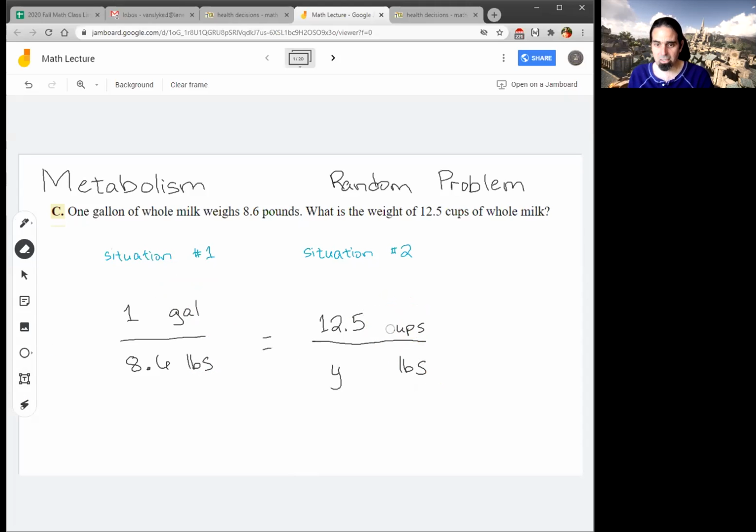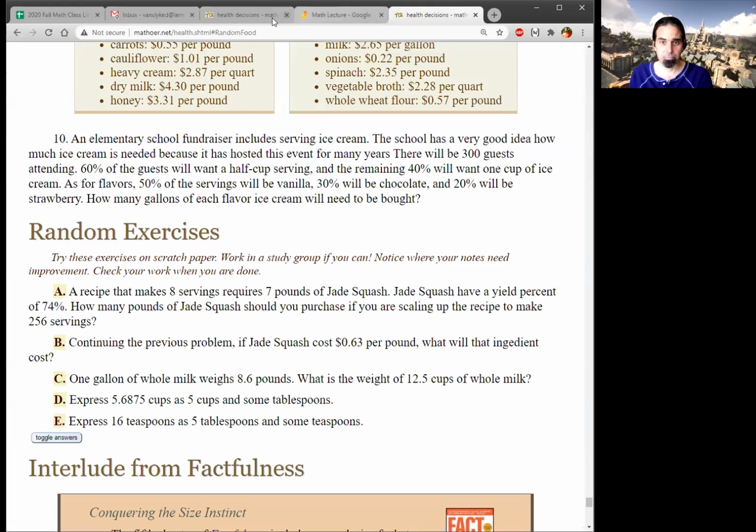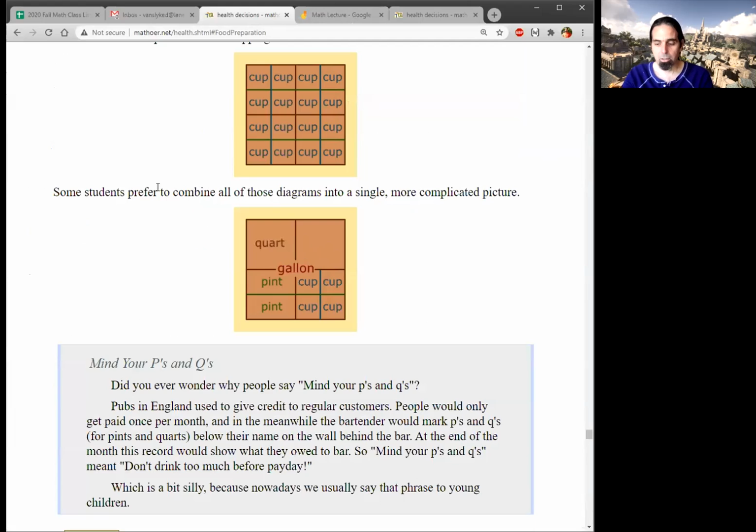Make sense so far? So we could do either. It's probably easiest to get rid of the gallon and make it cups, because we can look at that picture here and see that a gallon is 16 cups.